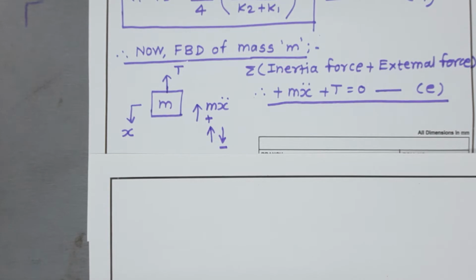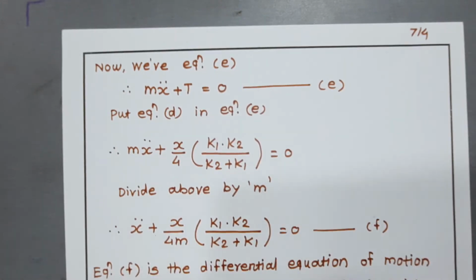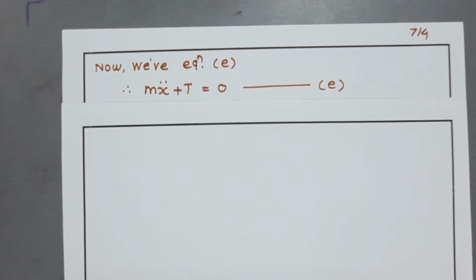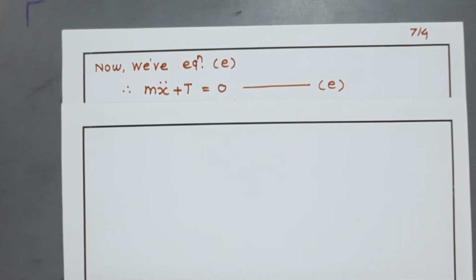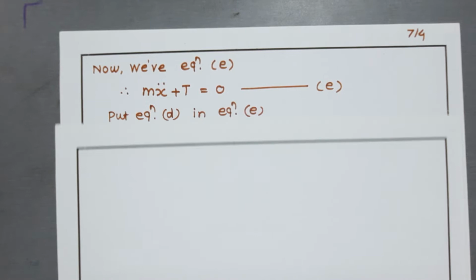Now further, I have reproduced this equation E here, as we have derived it. So I have rewritten this equation: mx double dot plus T is equal to 0.